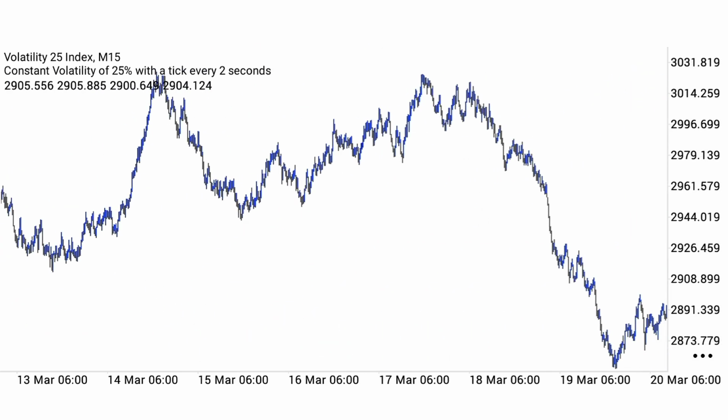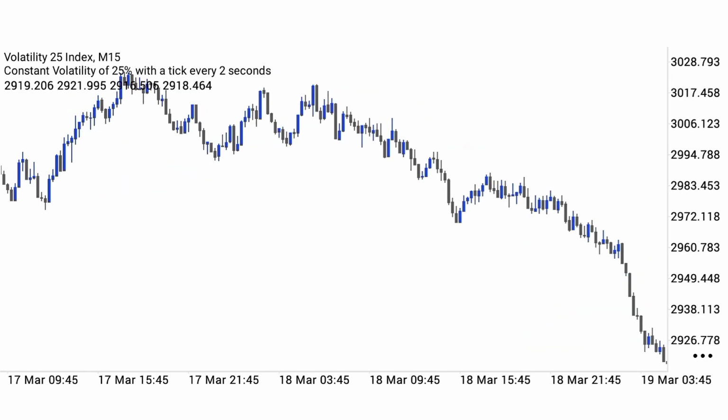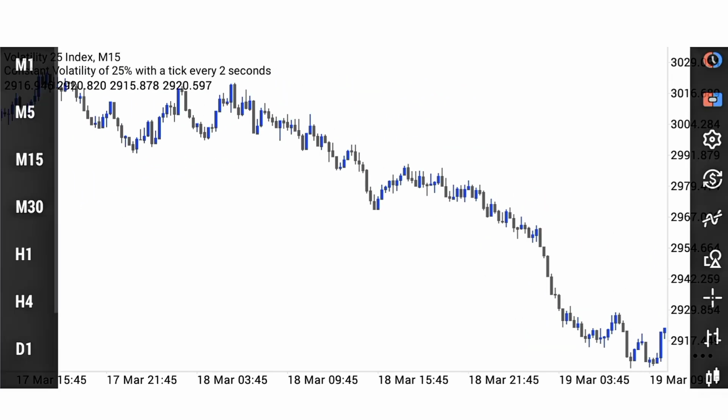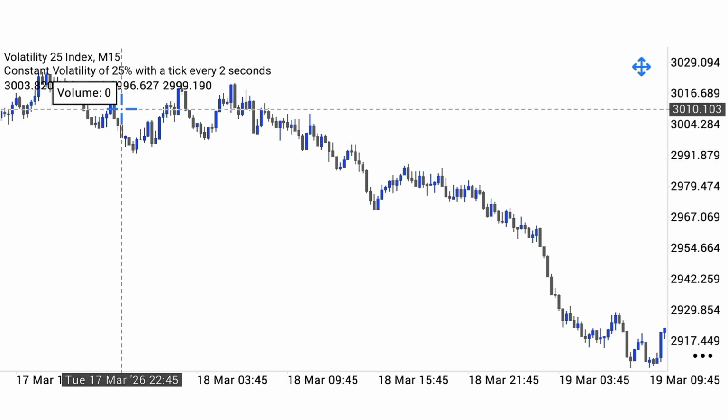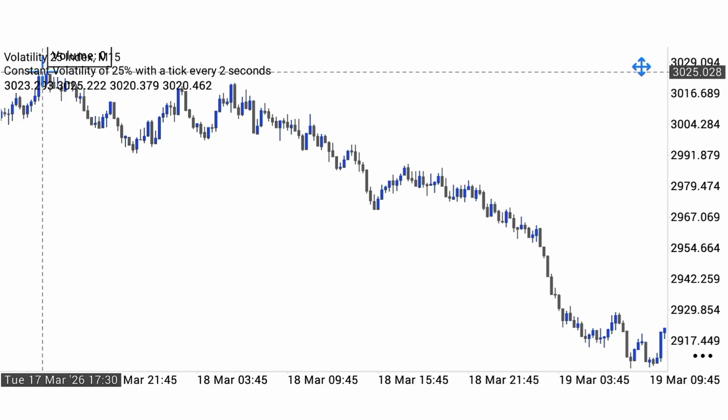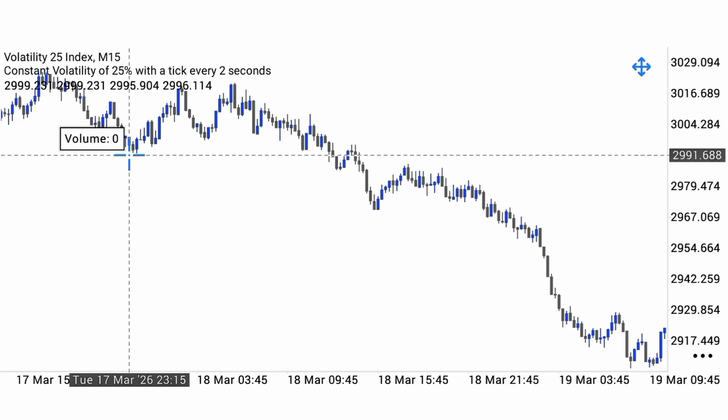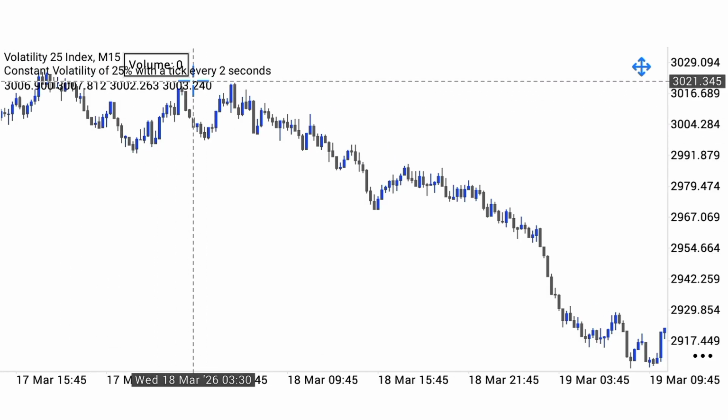For example, let's say you're moving in a downtrend. You can see that this market is moving in a downtrend. We have the high here, we have the lower low, and we have the higher low.